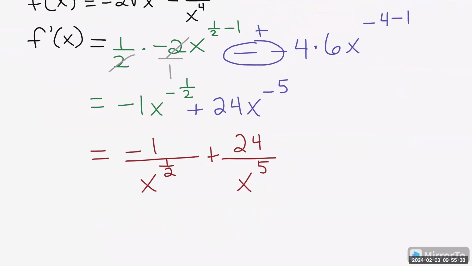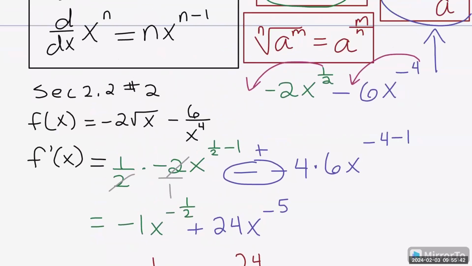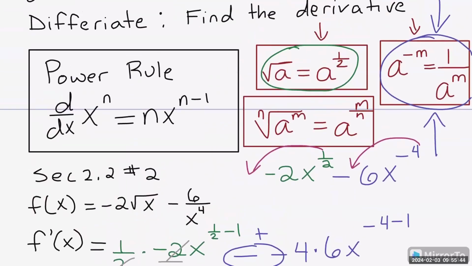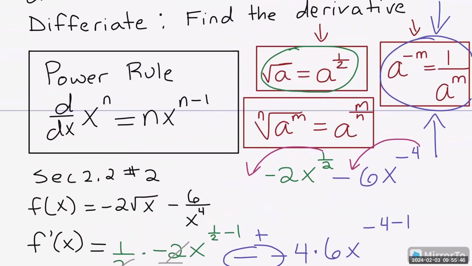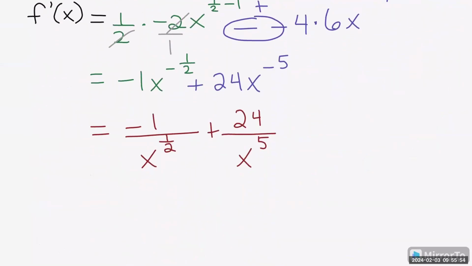And then last of all, because we want no fraction exponents, we're going to use this rule again, just like going backwards from where we started. So we're going to rewrite that x to the 1/2 as a square root. So we will end up with -1 over square root of x.